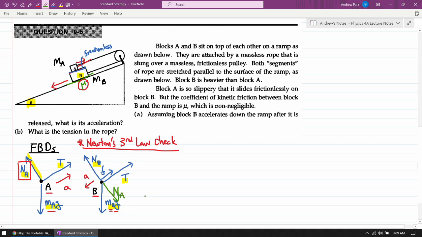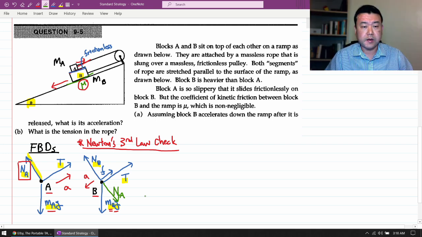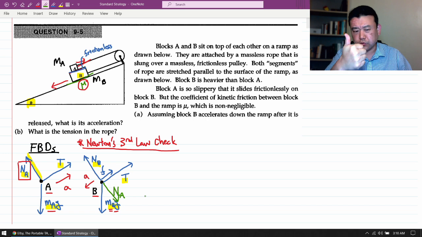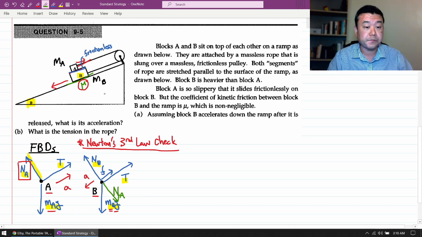And in fact, if you are doing the check of did I draw all the forces more thoroughly, you could have gotten this maybe without explicitly invoking Newton's third law.